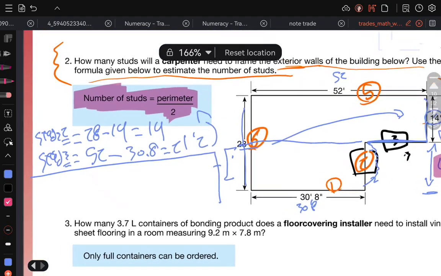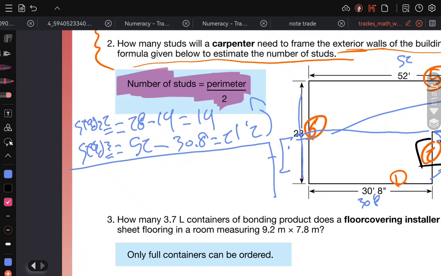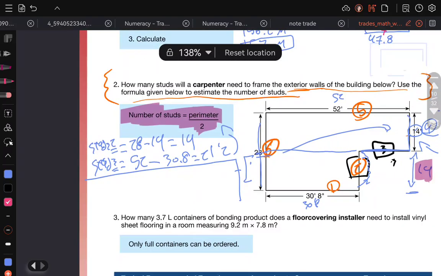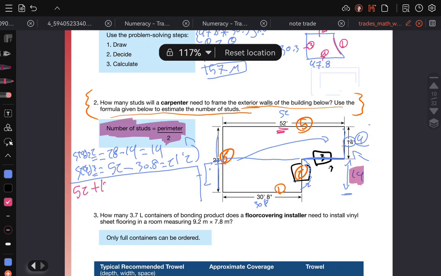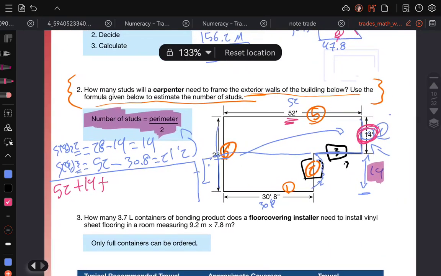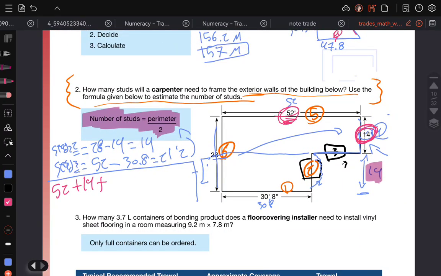Let's use this color and start. 5.2 from here, plus 14 from here, and then let's rewrite this area number 3.